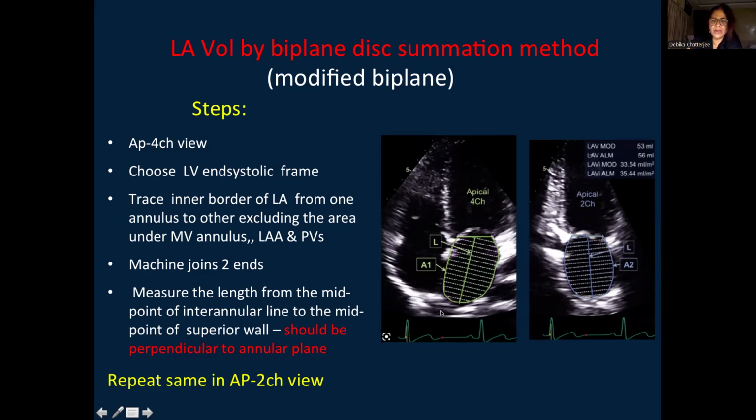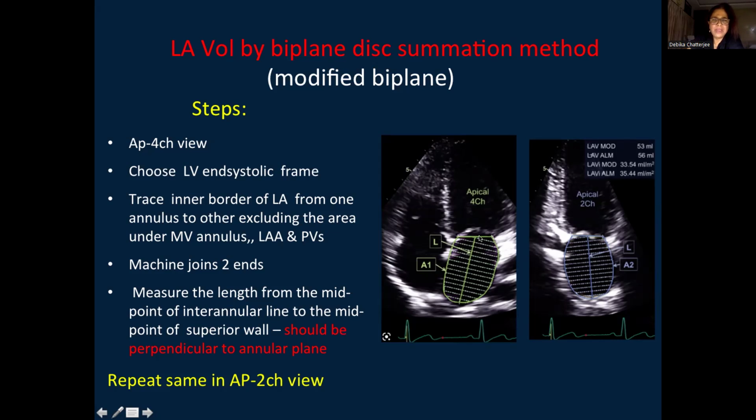Here is the right pulmonary vein, and we go to the lateral annulus, from septal annulus to lateral annulus. We don't join those 2 points, the machine joins it. So first we get this area, and then a line comes, which is the length, and that length should be almost perpendicular to this interannular line.